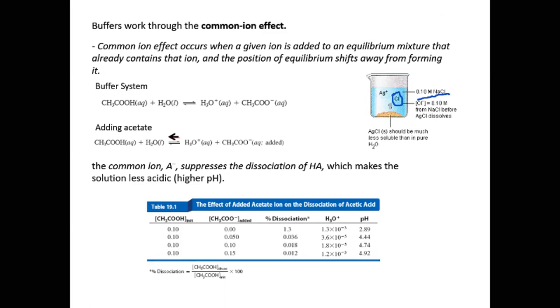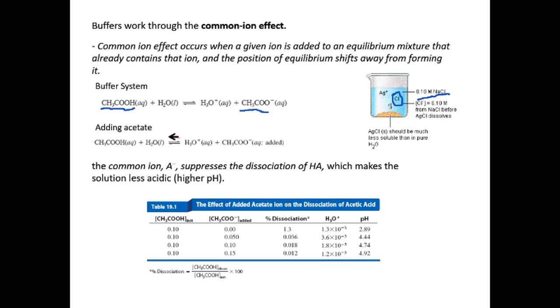So silver chloride would be less soluble in 0.1 molar sodium chloride than it would be in water because it already has a common ion in solution, which will inhibit the dissociation of silver chloride. So in a buffer, say we have acetic acid and acetate, and this is again back to that famous word that everyone likes, Le Chatelier's principle.